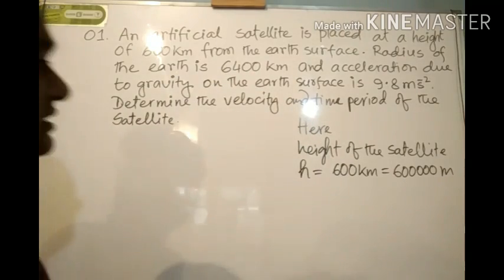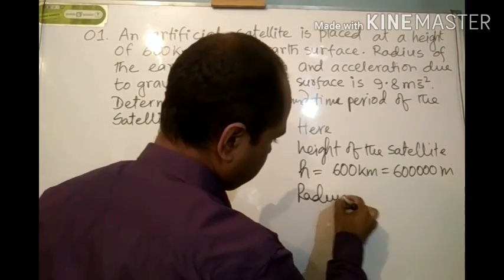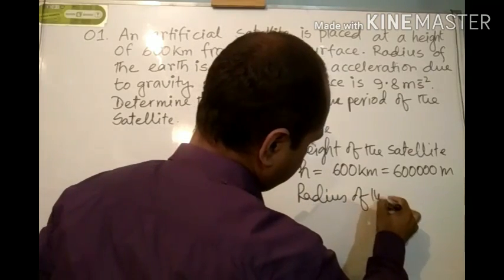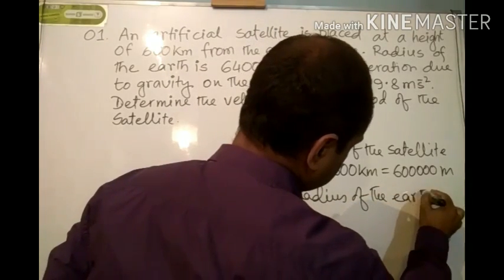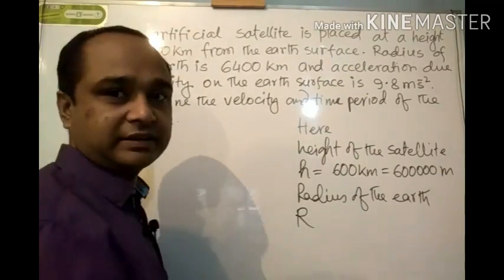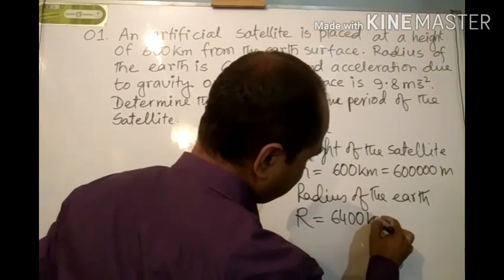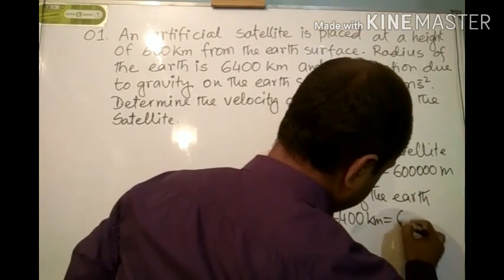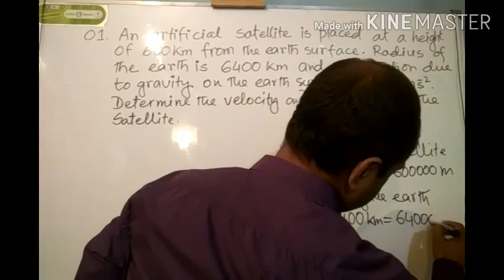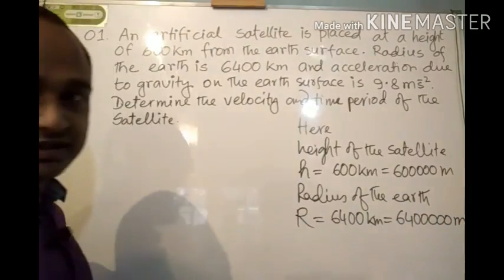Then the radius of the Earth, which is denoted by capital R. Capital R is equal to 6,400 km. That is 6,400 multiplied by 1,000 meter.